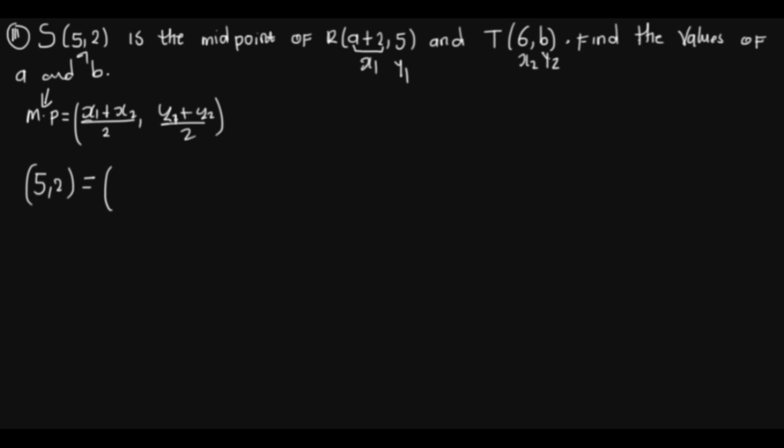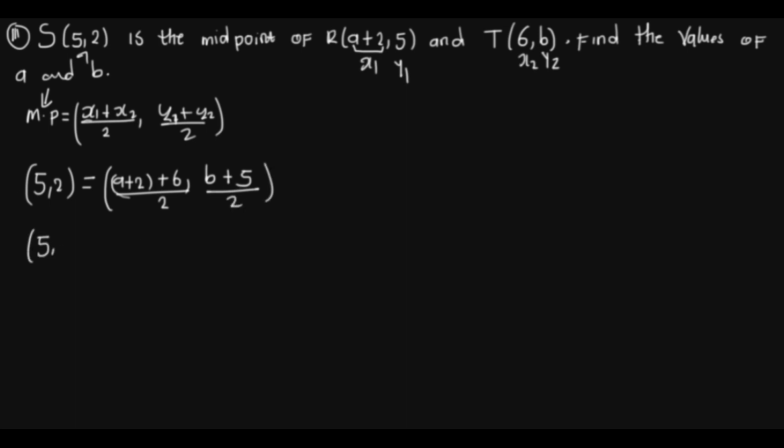So we can now substitute. So the x1 is A plus 2 plus our x2 is 6 over 2. Our y2 is b plus our y1 is 5 over 2.